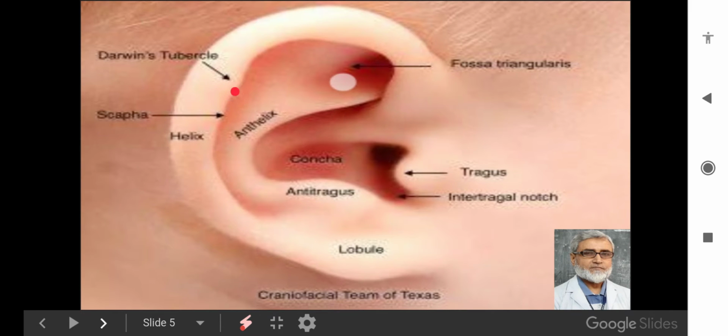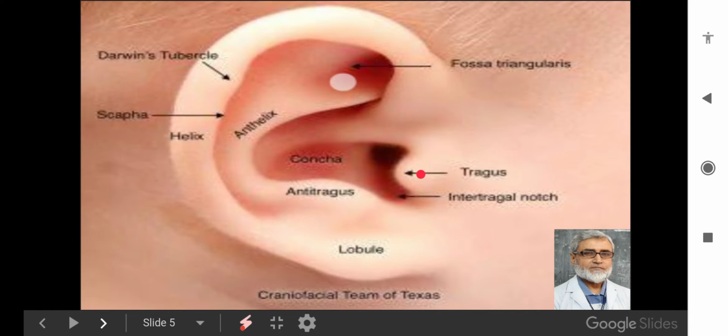One tubercle you can see here, that is Darwin's tubercle. This shape of the external ear is known as the scapha, and this is the antihelix. This is the concha.